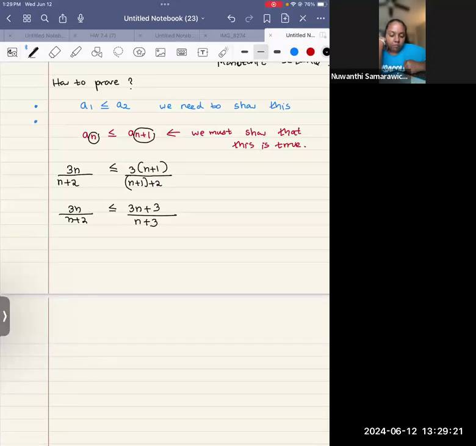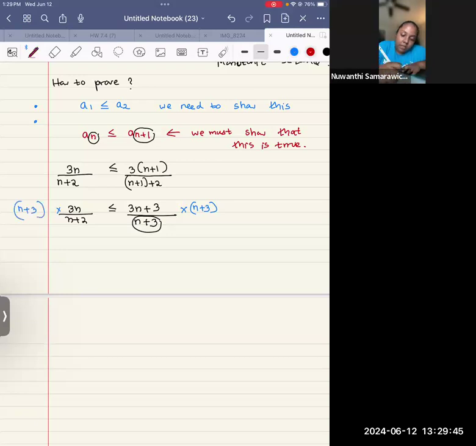Okay. Then what we have to do, so you see both sides, both left hand side and right hand side, both are in fractions. We can get rid of these fractions. So we can get rid of this part by multiplying both sides by n plus 3.